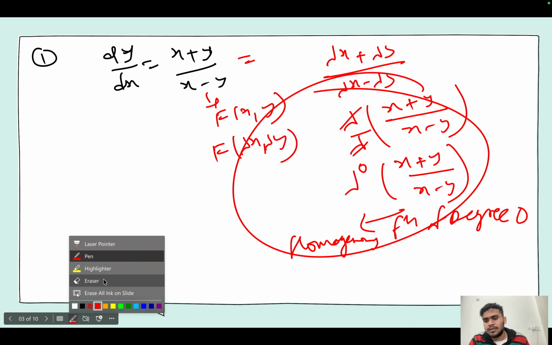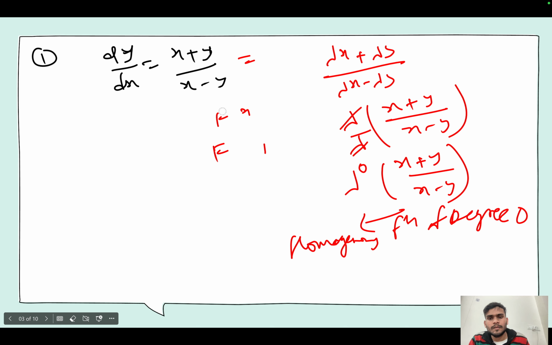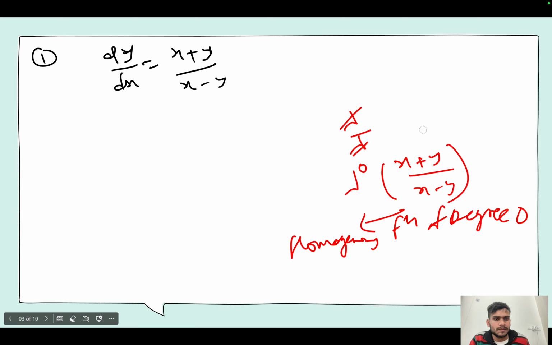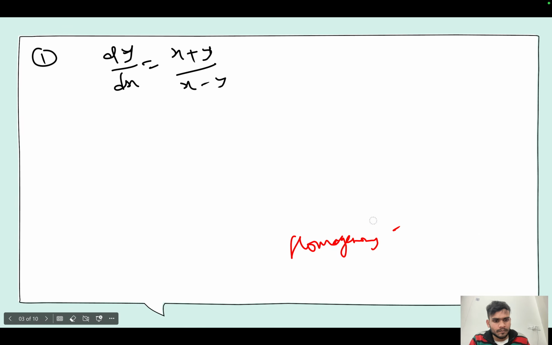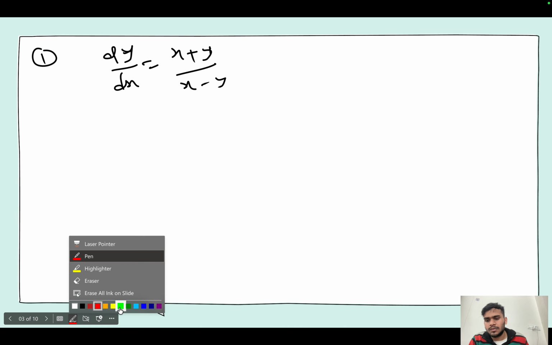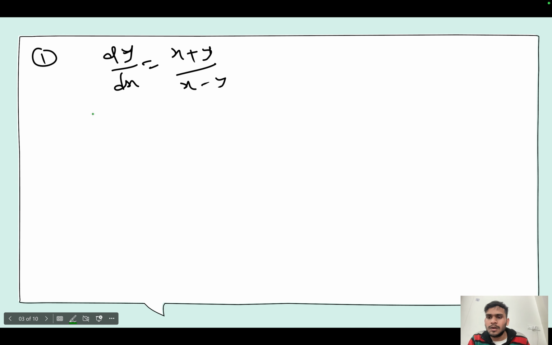Now let me tell you how to solve this equation. We are going to solve it by putting y equals vx. Now differentiate with respect to x.